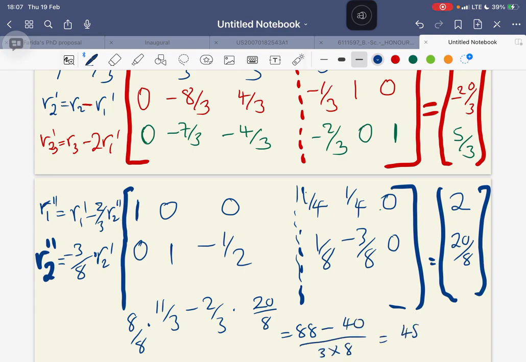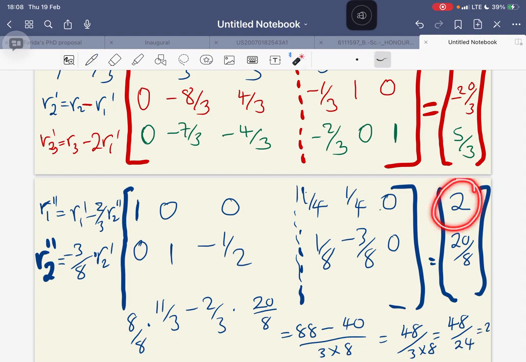This will give us 48 over 3 times 8. 3 times 8 is 24, so we are going to get 48 over 24, which is exactly equal to 2, right? So we are going to get our 2 here. So we have finished with this.